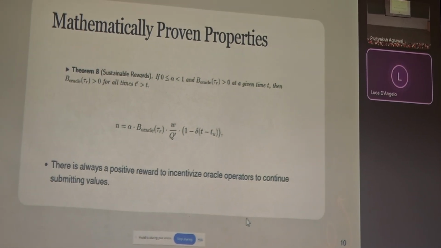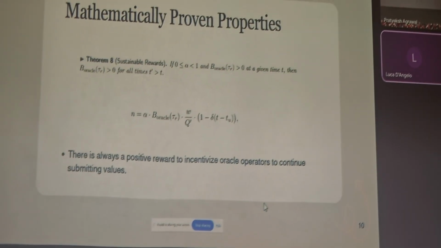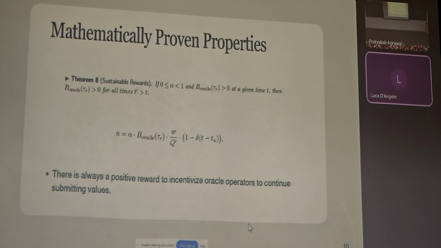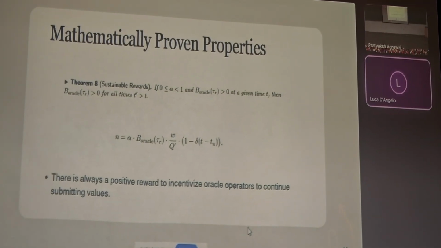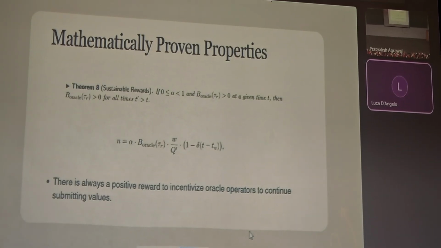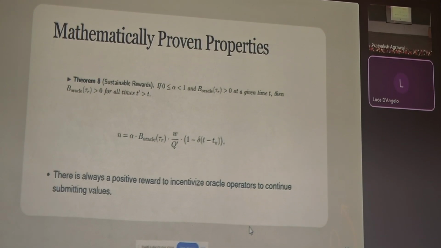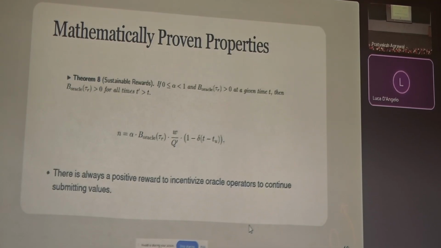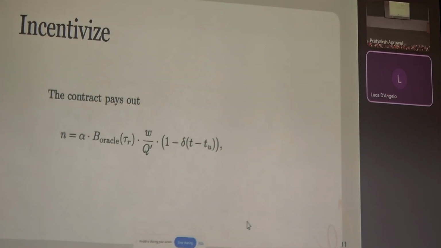Because alpha is between 0 and 1, the new balance is always positive. It's basically an induction, so it's always positive for all future times. And this means that there's always an incentive for operators to submit new values, even though it's really small. Yeah, that's it.